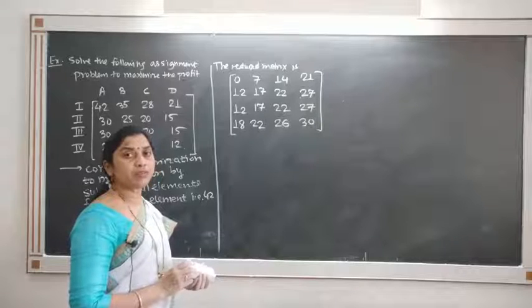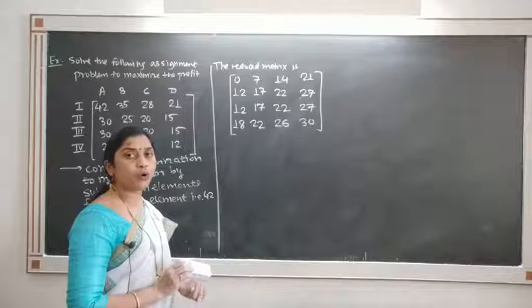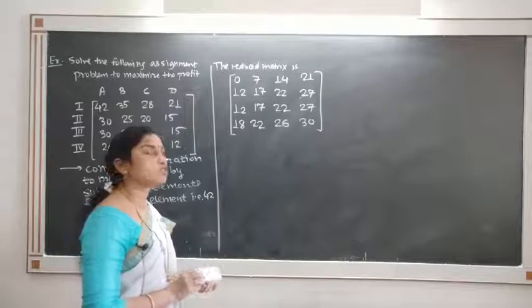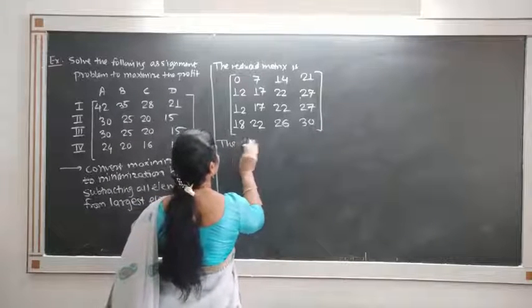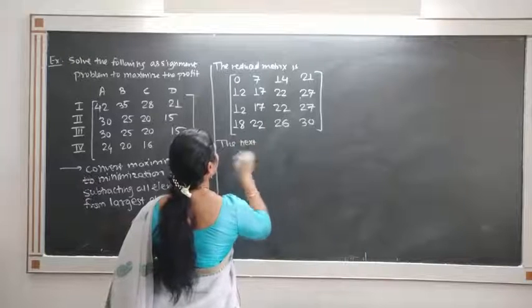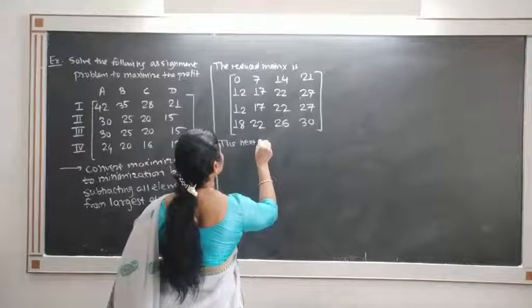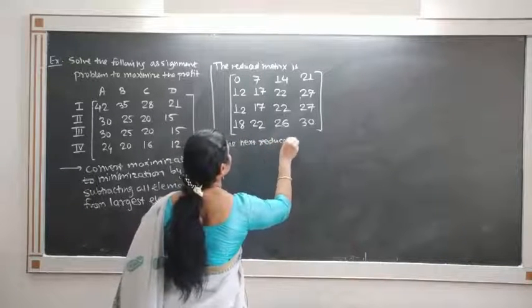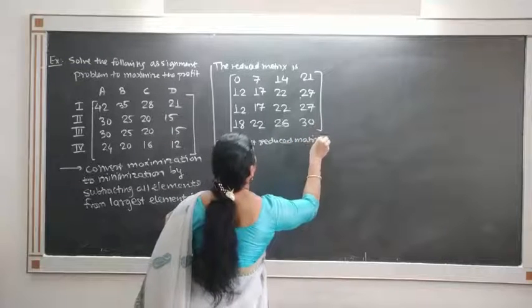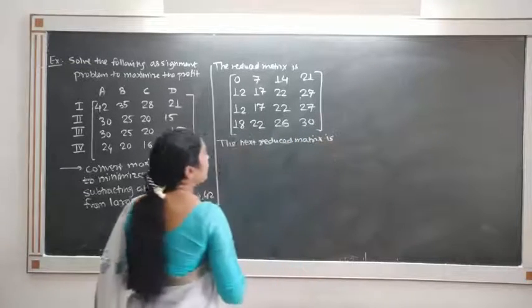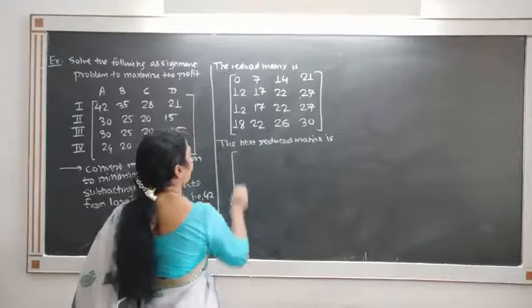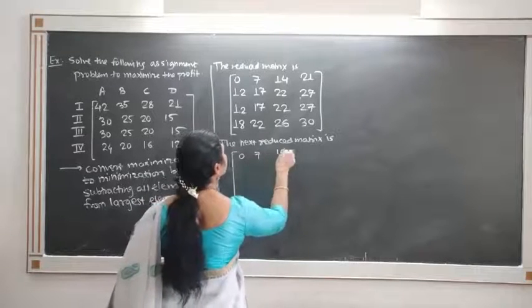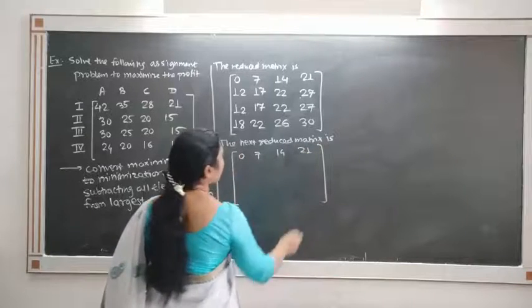Find the reduced matrix such that every row and every column contains 0. So the first reduced matrix is obtained by subtracting the smallest element of the row from every element. The first row itself has 0, so it remains as it is.